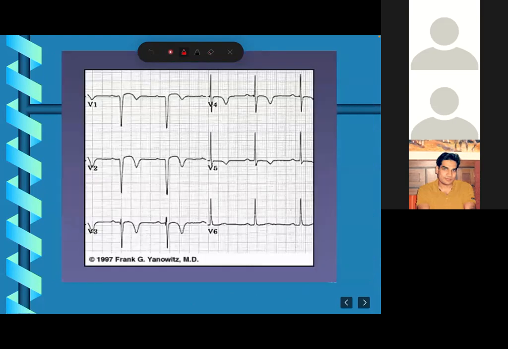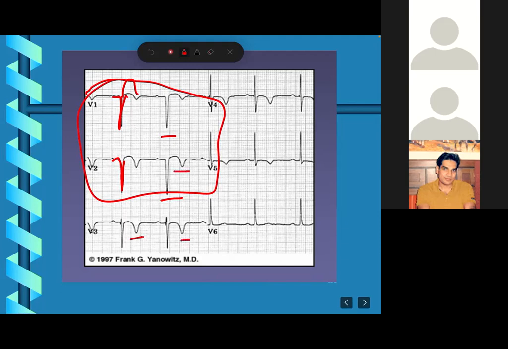Like this, initially there would be some ST elevations, and then a Q wave is present. This is the Q wave in V1 and V2. There is an obvious Q wave. This is an example of septal MI. We are also finding deep T wave inversion, which is also an example of ischemic changes.